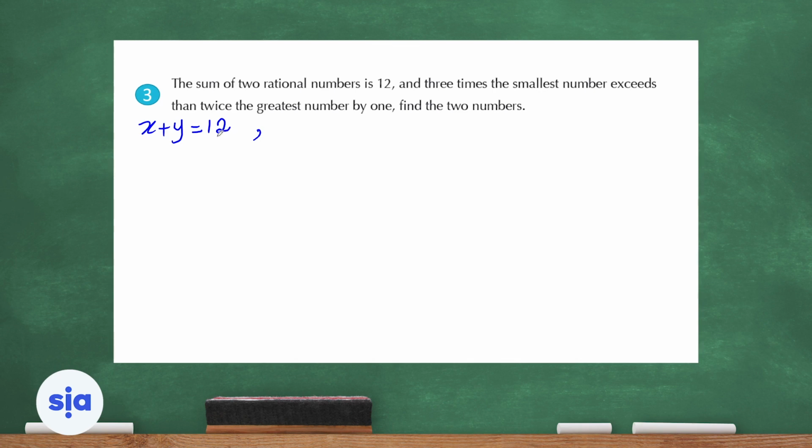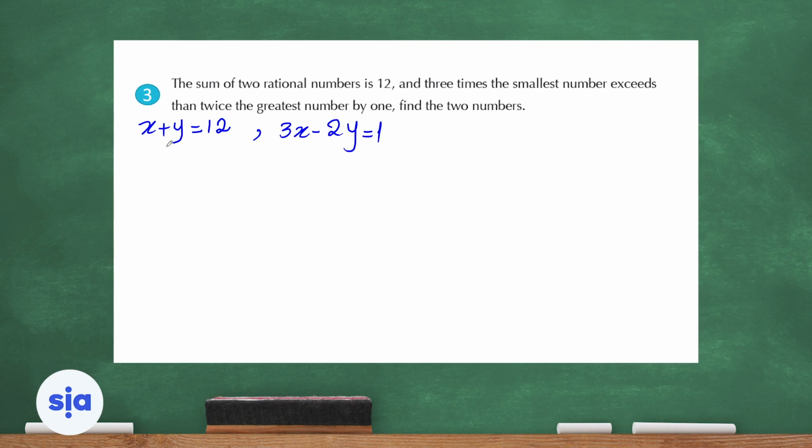This means the difference between them is 1. Difference between them is 1 means what? Yes, minus each other equals 1. So in this case, you will say that 3x minus 2y equal 1.